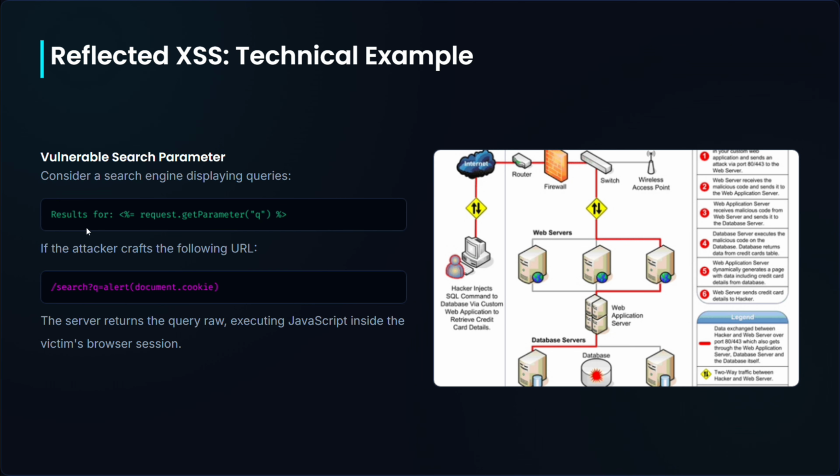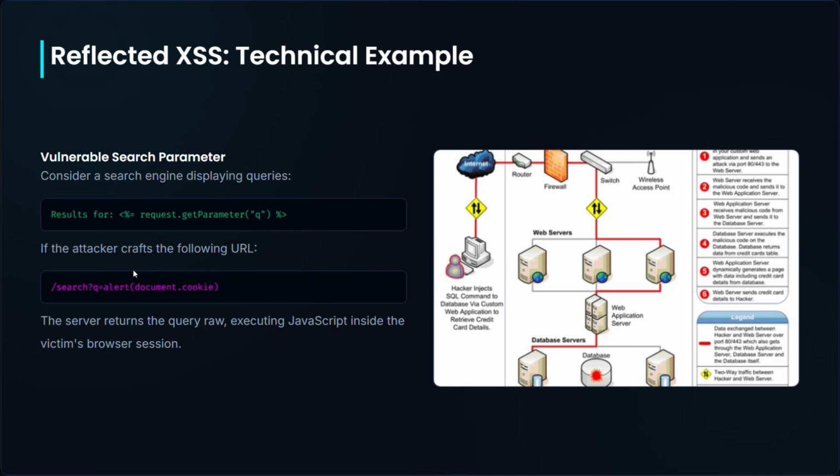As you can see here, this is one GET parameter request. An attacker crafts the following URL, where the search query is what you enter on a website, like if you want to search for items on Flipkart or Amazon.